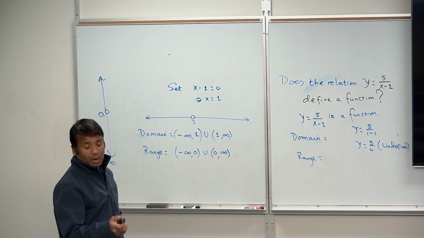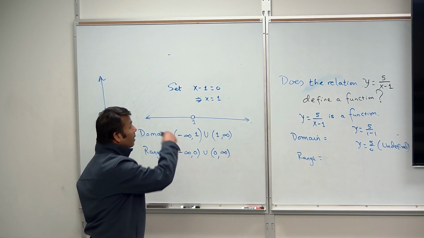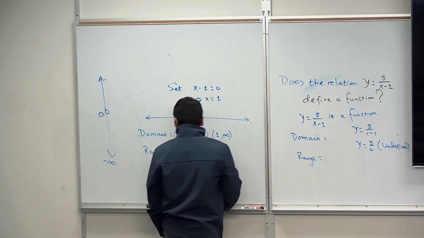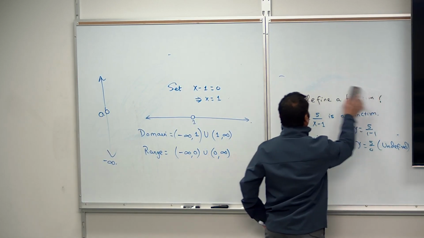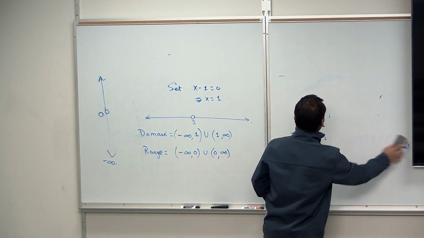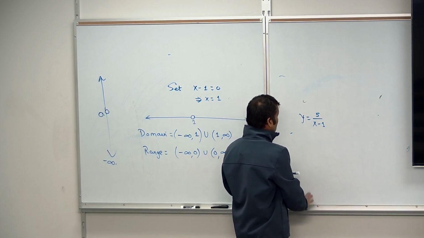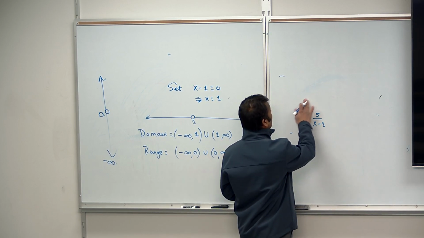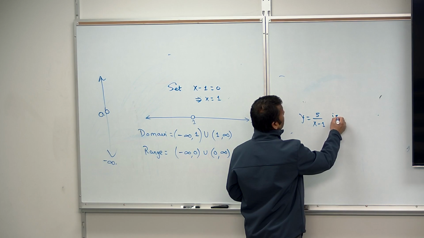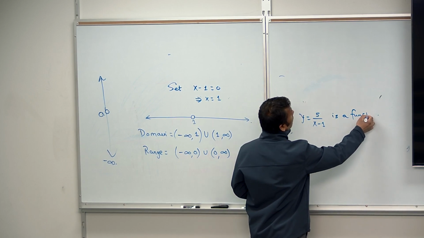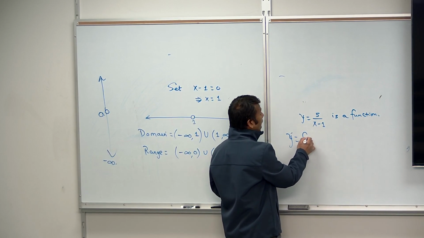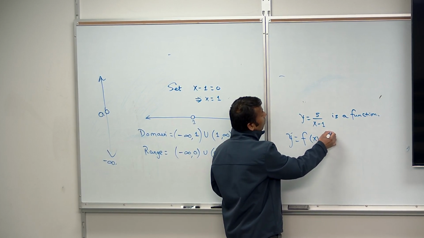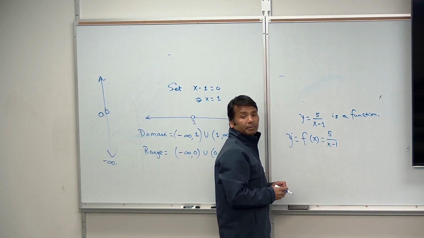Okay. Now look here, guys. The function notation, okay? So generally, if it is a function, like hey, this is y equal to 5 over x minus 1. We know this is a function. Y equal to 5 over x minus 1 is a function. We know that, right? So generally, we use this notation: y equal to f(x) equal to 5 over x minus 1.